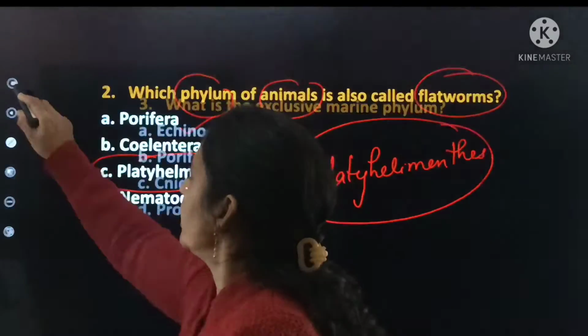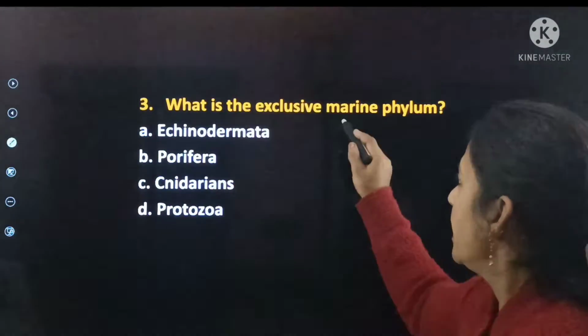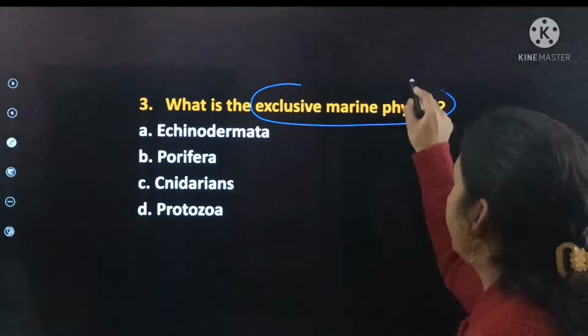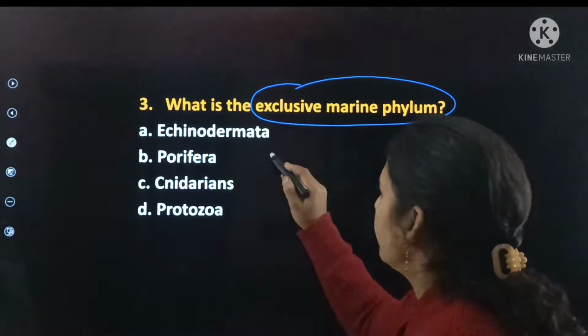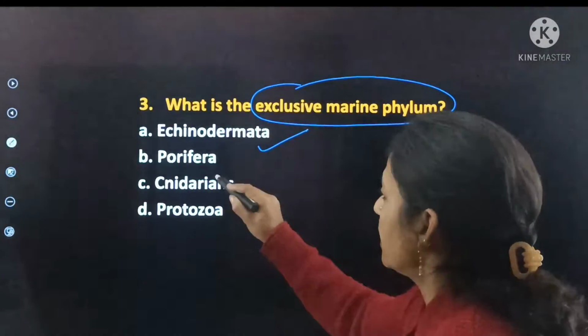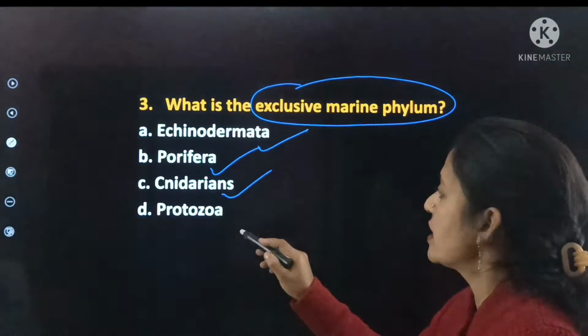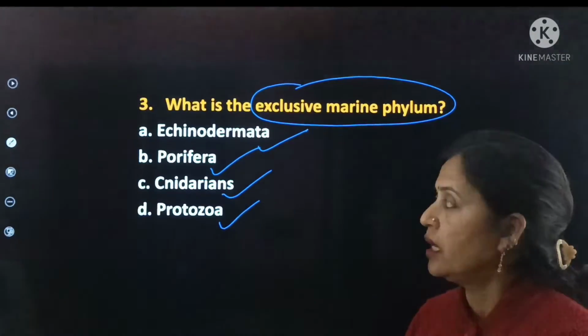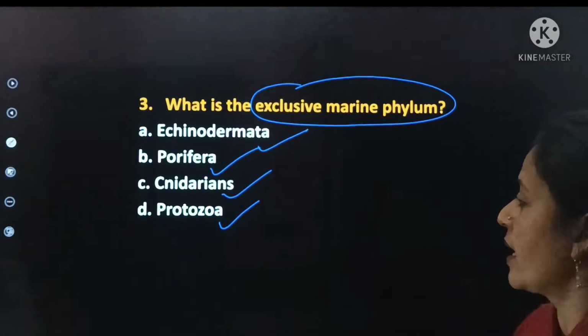Next is question number 3: what is the exclusive marine phylum? Options are A Echinodermata, B Porifera, C Cnidarians, and D Protozoa. You have to find out the exclusive marine phylum.